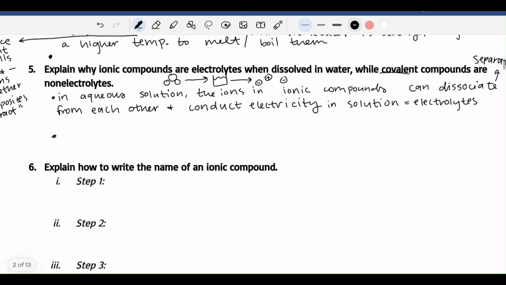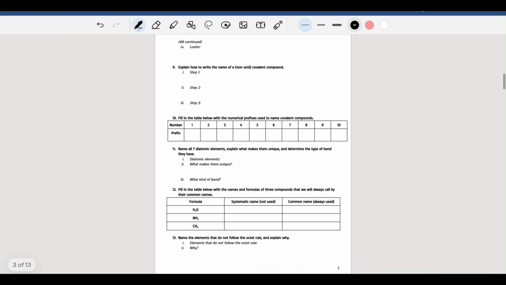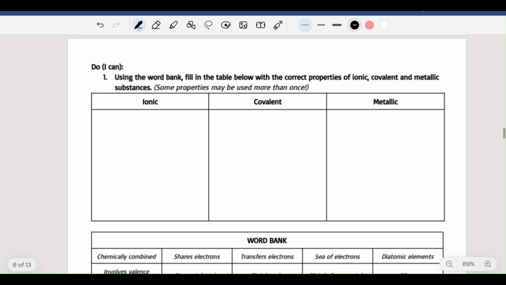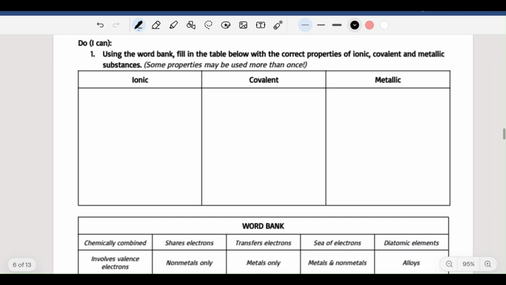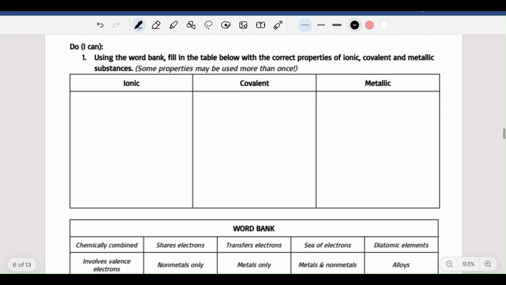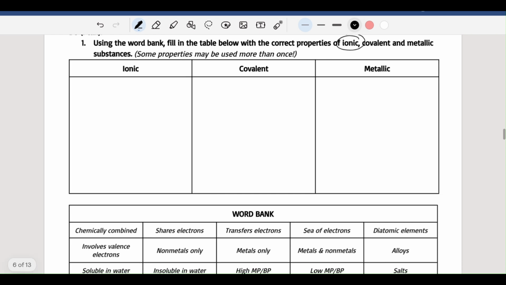Okay, now we are going to turn over and do a little bit of practice because we just got a lot of information, and let's kind of make sure we can keep it all sorted out in our head. So using this word bank, we're on page number 6. First up, using this word bank, fill in the table with the correct properties of these different types of substances. Today, we're just talking about ionic, so that's all we're going to do.